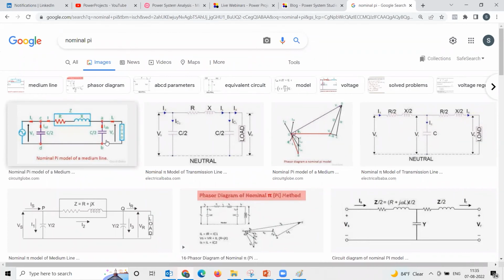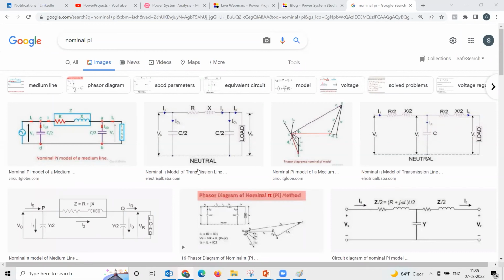You cannot just model this line as a nominal pi, because this lightning wave travels at a much higher speed, like 1.2 microseconds / 50 microseconds. So it has to be modeled in much more detail, with a phase model, which might be highly complicated compared to what we usually do.